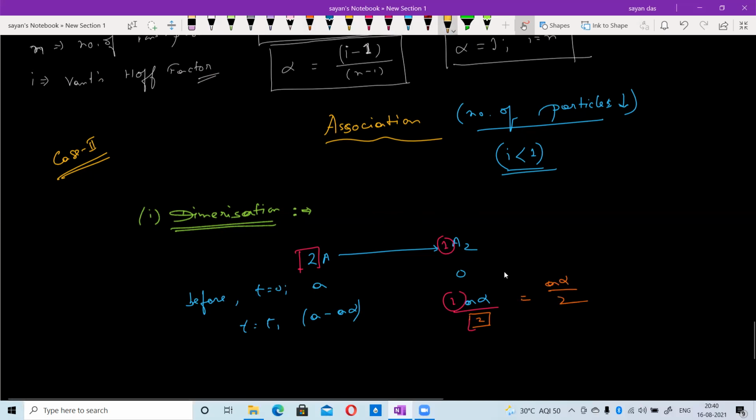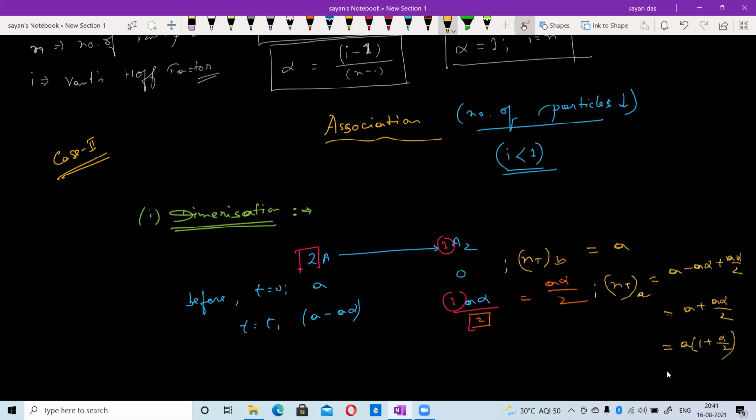Now find out the total moles. NT before dissociation is A. NT after dissociation means A minus A alpha plus A alpha by 2. What you get? A minus A alpha by 2. From here you can take A common: 1 minus alpha by 2. Okay, now just put the value.